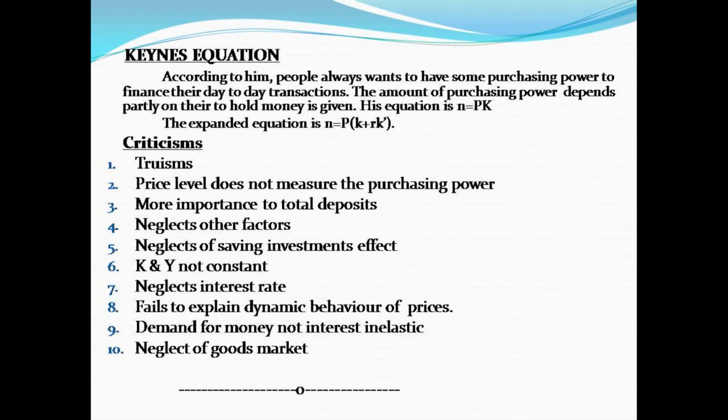Then the expanded equation is N is equal to P into K plus R K dash. Again, if K, K dash and R are constant, P will change in exact proportion to the changes in N.